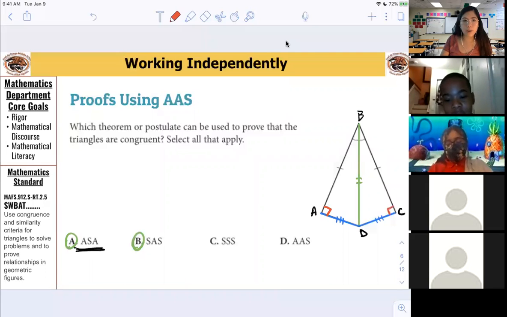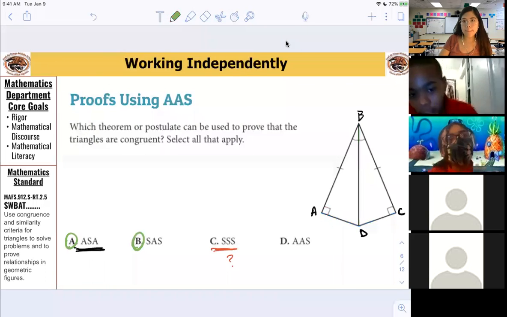So I don't know if Perla, if you guys heard this part that Daniel was saying, but my question was, does SSS work, right? And Daniel is saying that yes, it does. Because, can you explain it one more time, Daniel? The way you said it was perfect.